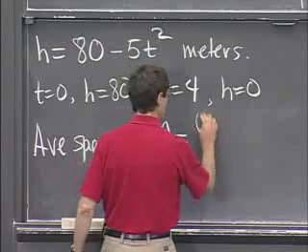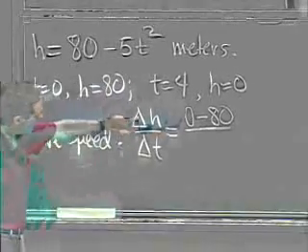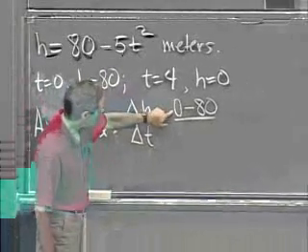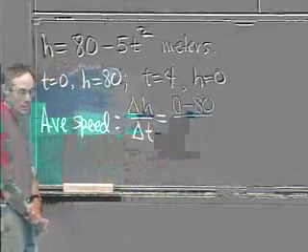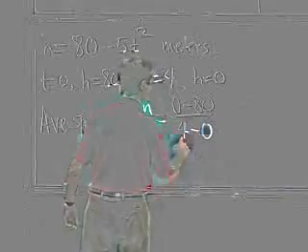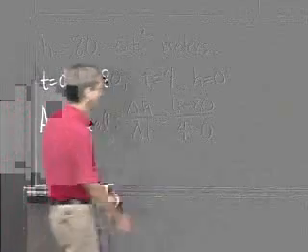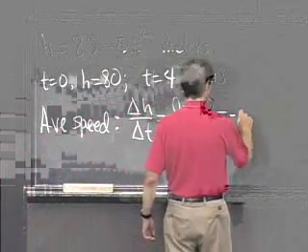And it ends at 0. So actually, we have to do it backwards. We have to take 0 minus 80, because the first value is the final position, and the second value is the initial position. And that's divided by 4 minus 0, time 4 seconds minus time 0 seconds. And so that, of course, is minus 20 meters per second.